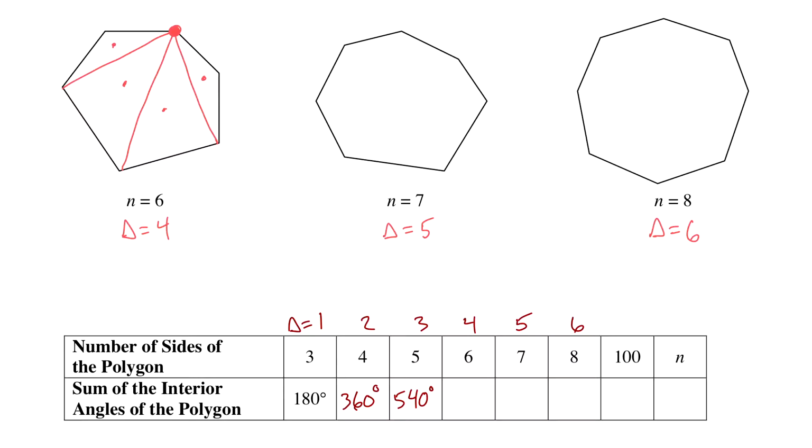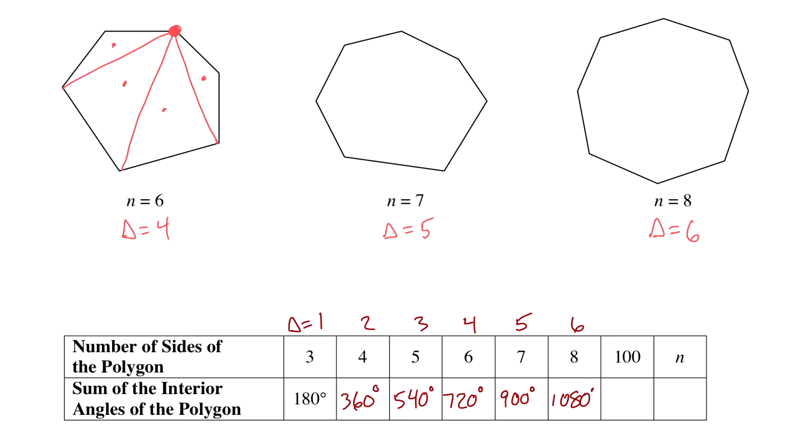Then we have 4 triangles times 180, which is 720 degrees. Then 5 triangles is going to be 900. And 6 triangles for the 8 sides of the octagon is going to be 1080. You should recognize that number, 1080, maybe from the resolution of some TVs.